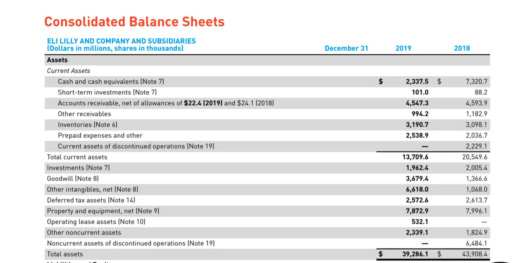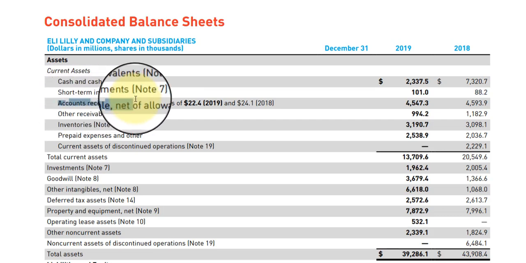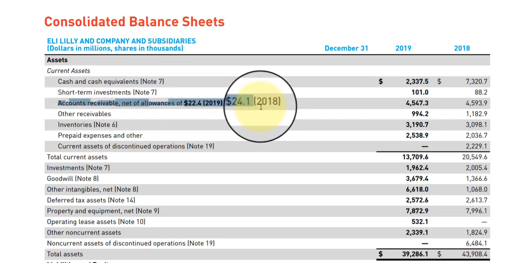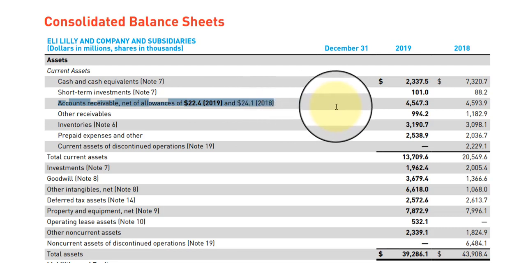Taking a look at a real balance sheet, we have here Eli Lilly, referred to in our text, and I've focused in on the asset section of the balance sheet. We are particularly looking at this asset, accounts receivable, net of allowances, or just net.